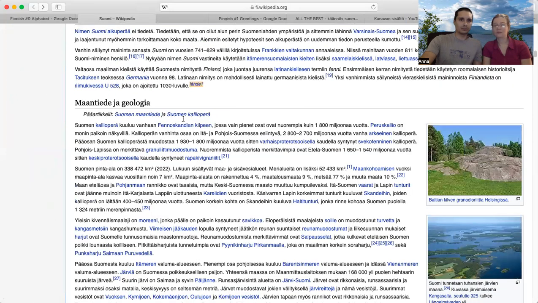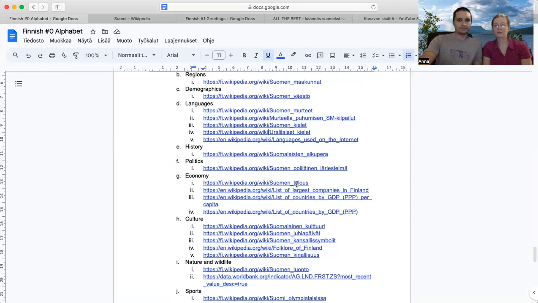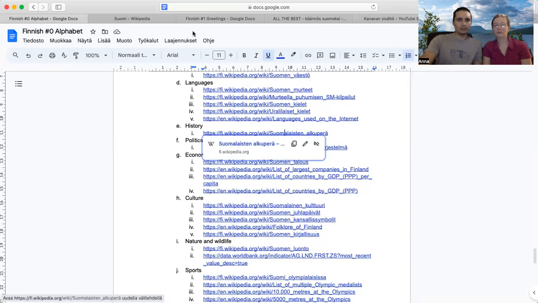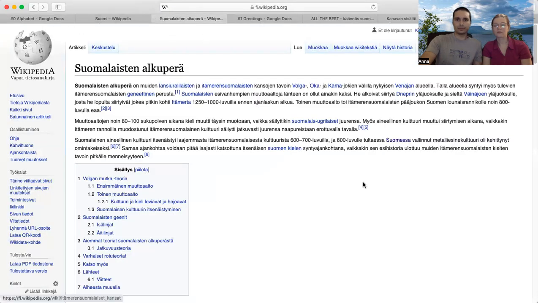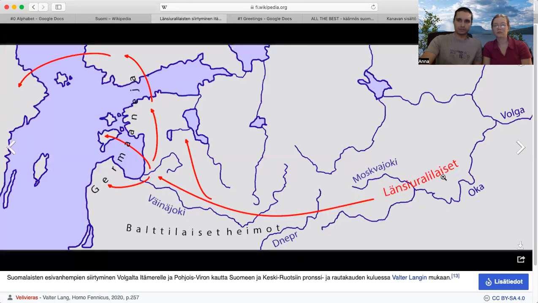So they are small languages. And what else? Finns arrived from present day Russia, the Volga River, around 3,000 years ago. Like here you can see the migration waves.